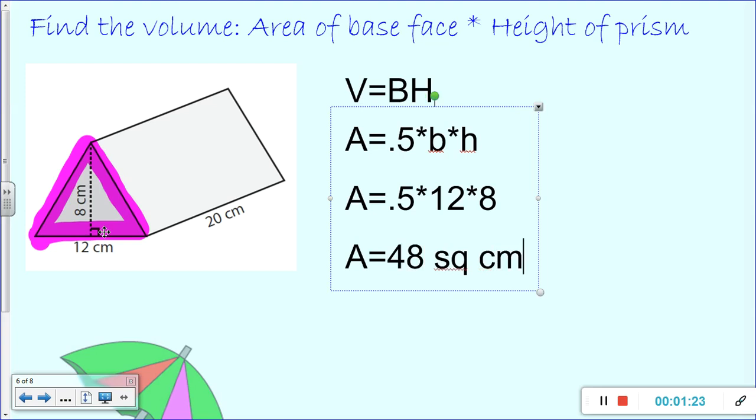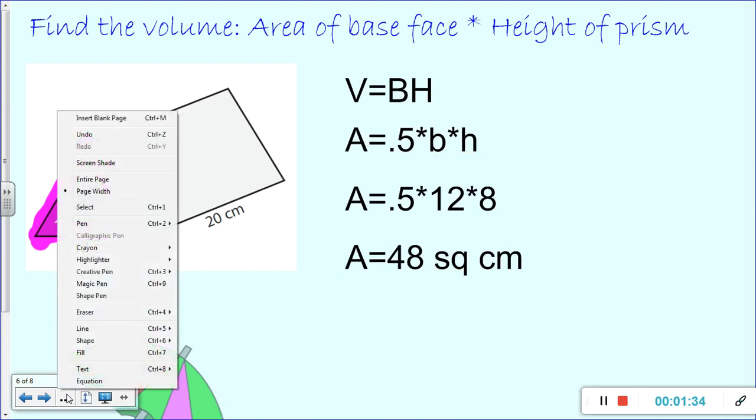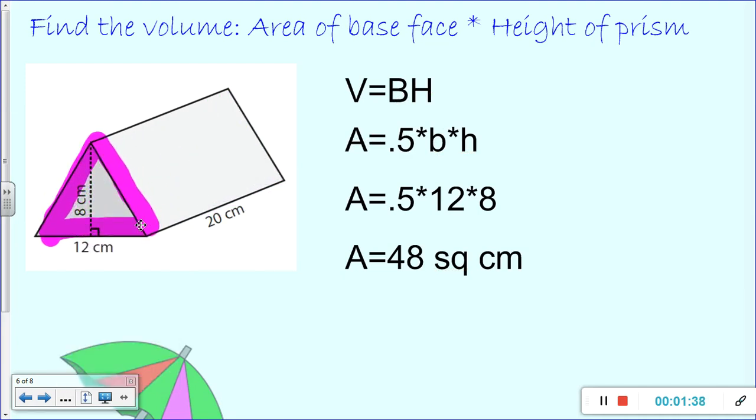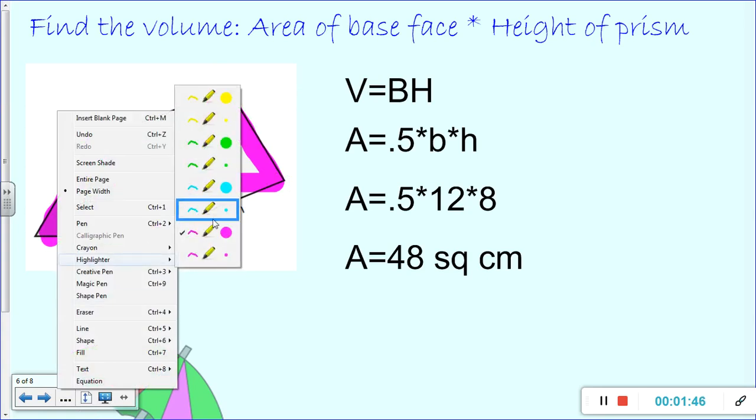So then to find the volume, all of this was just that B part. Now the height of my prism is 20 centimeters because, again, I'm going to have the same kind of triangle back here. So I need to look for that space in between those two triangles.